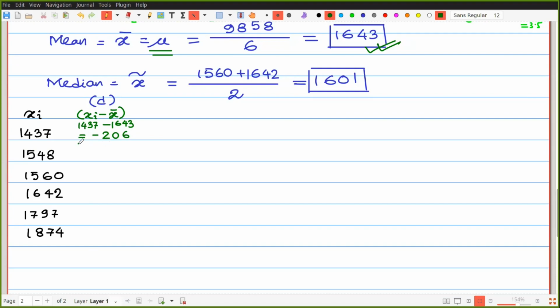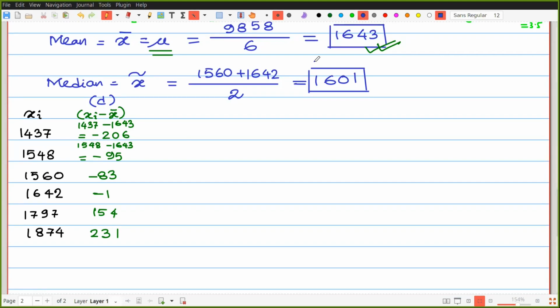Minus would be there. Next one, 1548 minus 1643. So that one is minus 95. I am not writing the subtraction for each and every one like that. The next one is minus 83. Next one is minus 1. Next one, 154. Last one, 231. That is the second column. First one is the xi in the ascending order. Second one, not mean deviations, practically the deviations for each and every item.